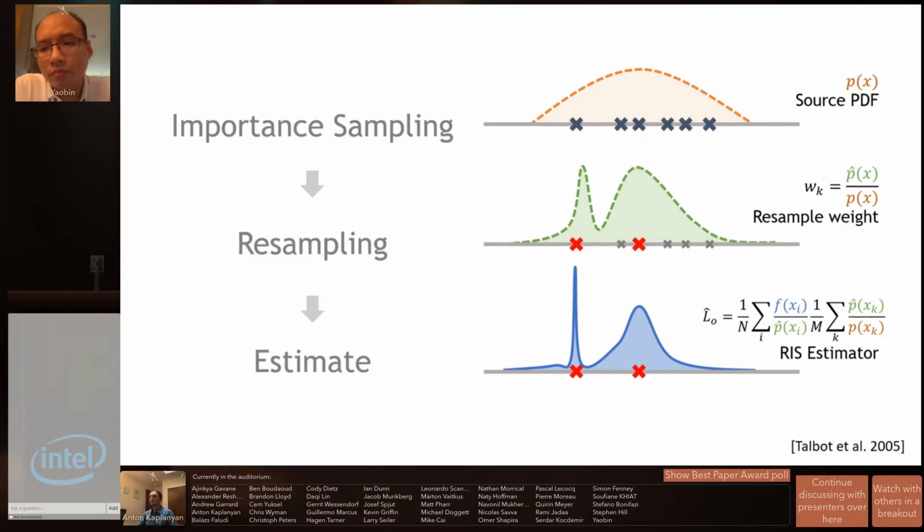The first step is to generate a set of samples based on a source PDF. And the second step, using a target distribution function to calculate weights, and use the weights to choose some samples and discard others. Finally, we use a new estimator called the RS estimator and use the chosen samples to estimate light.